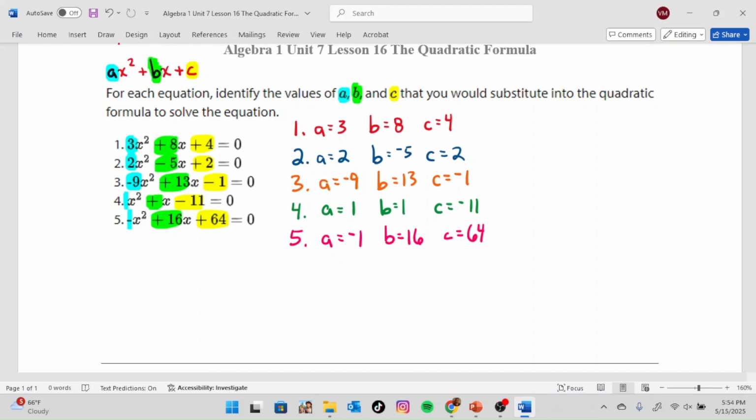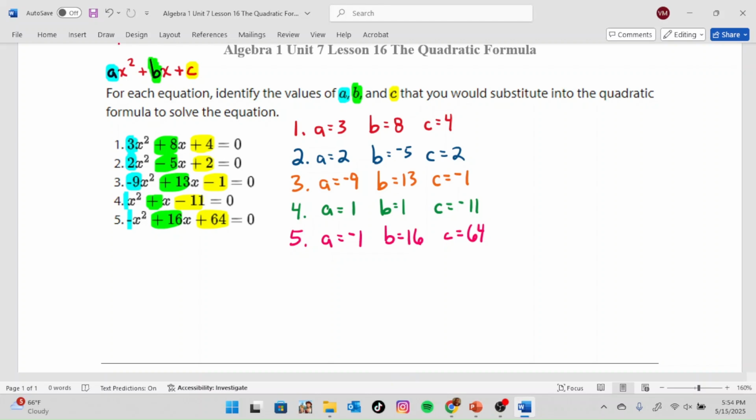So even if they rearrange the order, A is always the coefficient that is multiplying x squared, no matter where it is. B is always the coefficient multiplying x, no matter what order it's in. And C is always the constant that's by itself, no matter what order it's in.